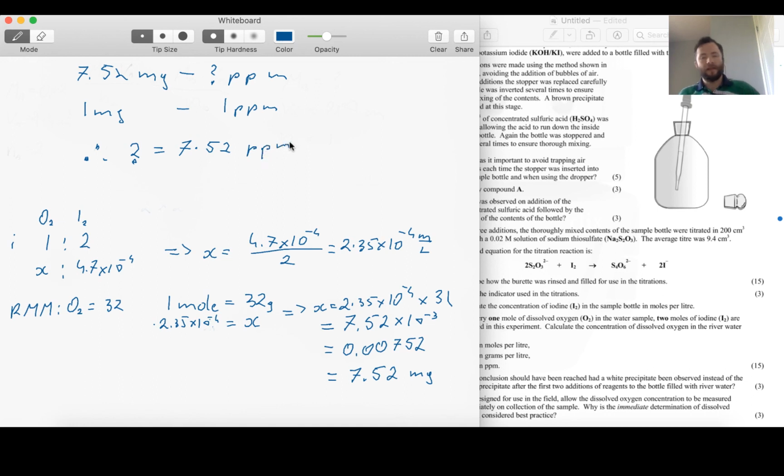And as always, like in the previous case, once I know the concentration in grams per liter, by knowing that 1 gram is 1,000 milligrams, I can convert that concentration into parts per million, because 1 part per million in a liter of water is 1 milligram. So that's it for this question.